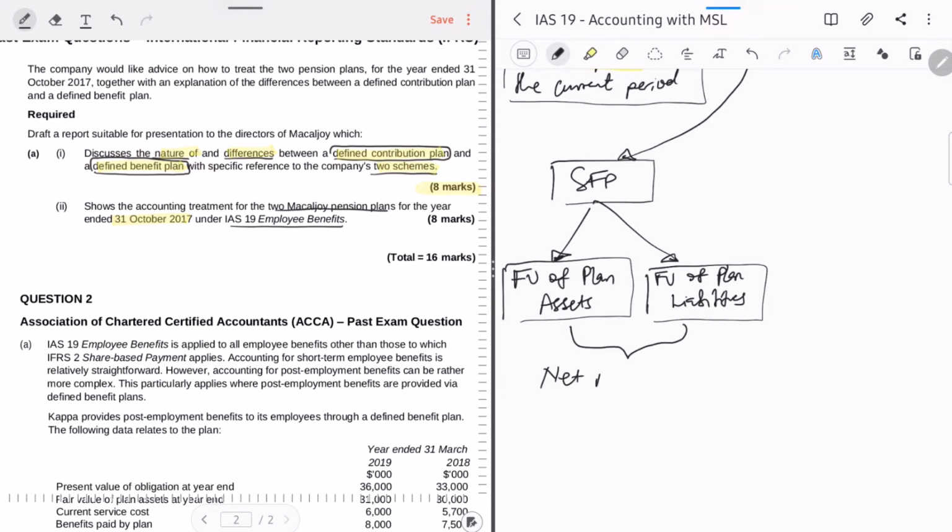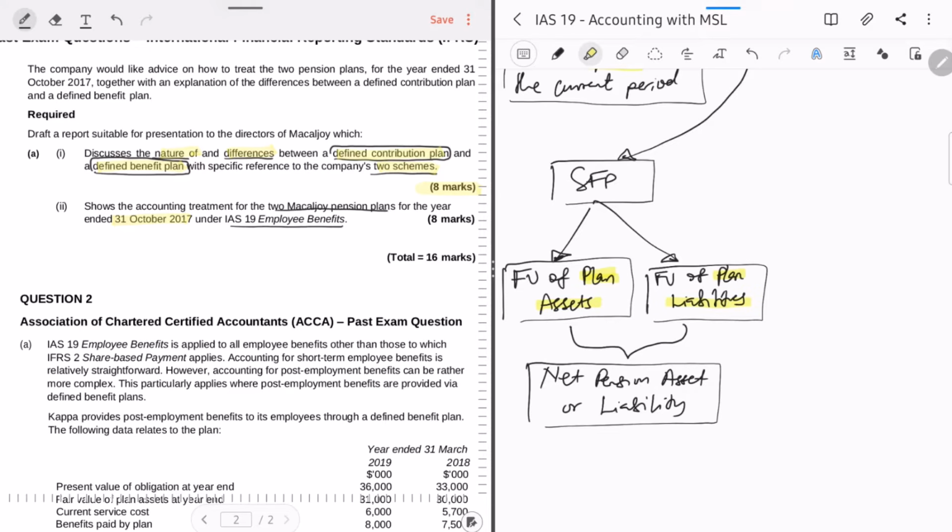A net pension asset or liability. So take note, on the balance sheet, you need to show 2 things, actually to be 1 in the end: the fair value of the plan assets and the fair value of the plan or scheme liabilities, right?